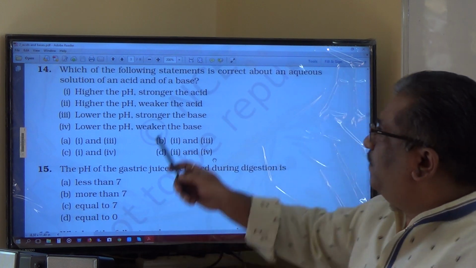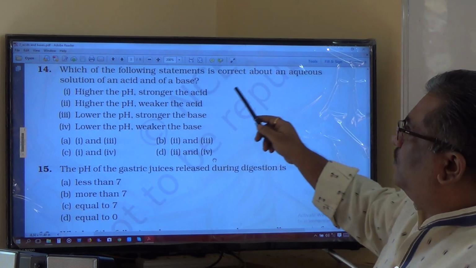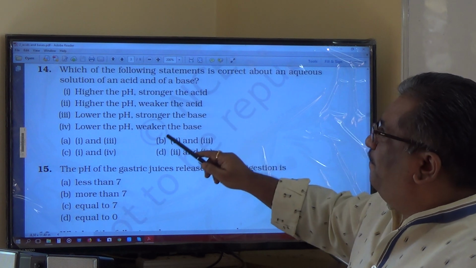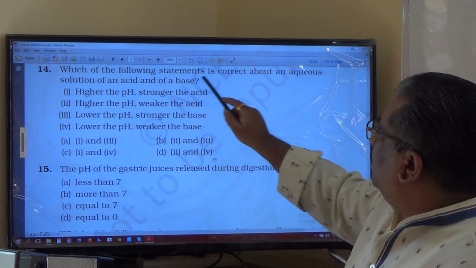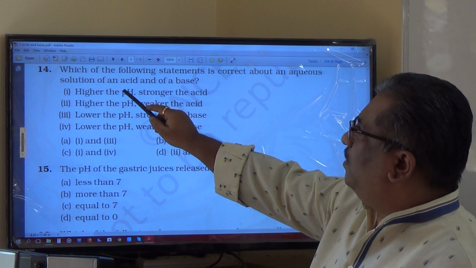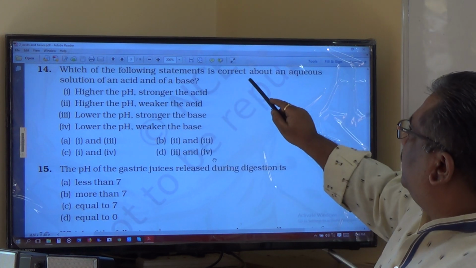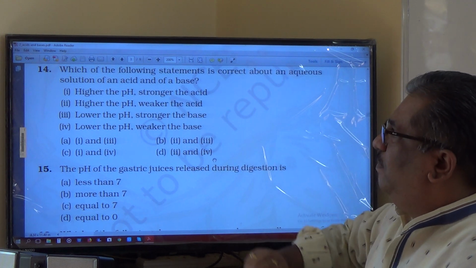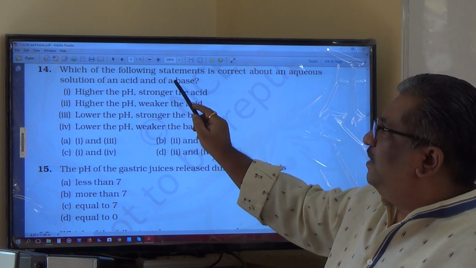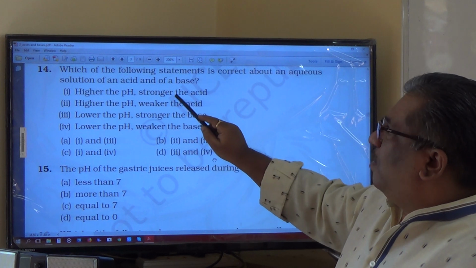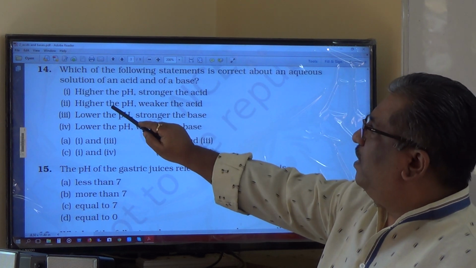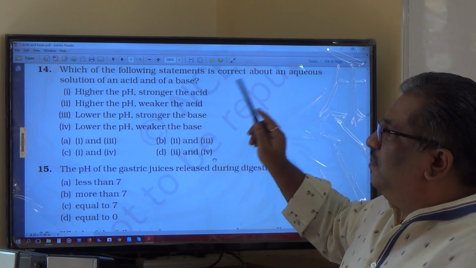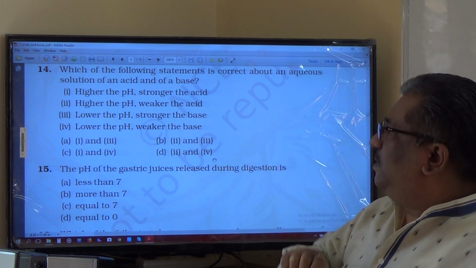Next, which of the following statements is correct about an aqueous solution of an acid and a base? First acid, then base. Higher the pH, stronger the acid. Wrong. Higher the pH, weaker is the acid. Yes, higher the pH value, weaker is the acid.